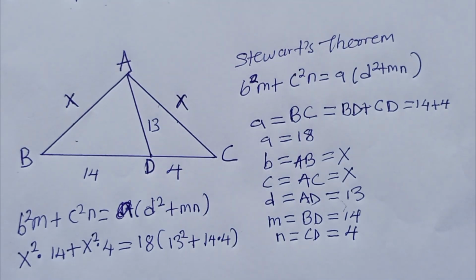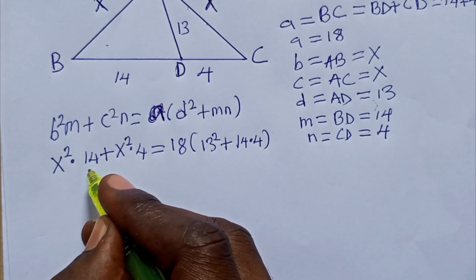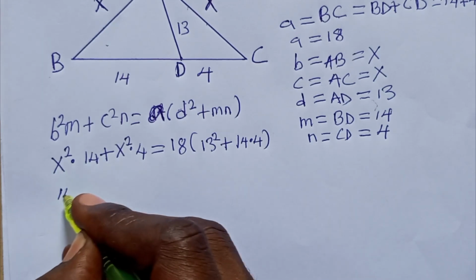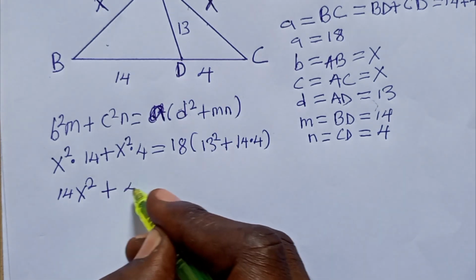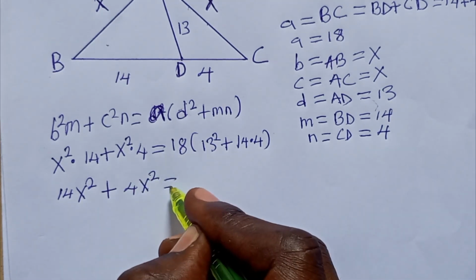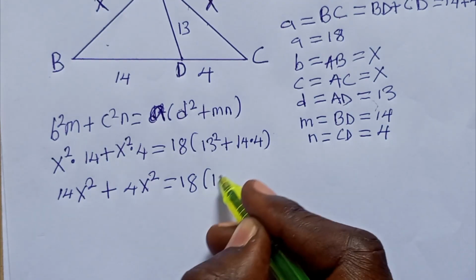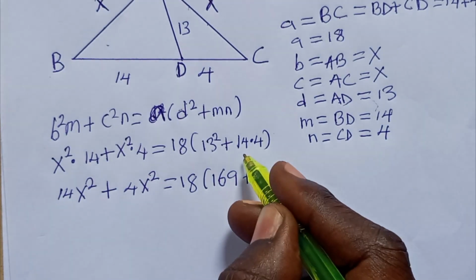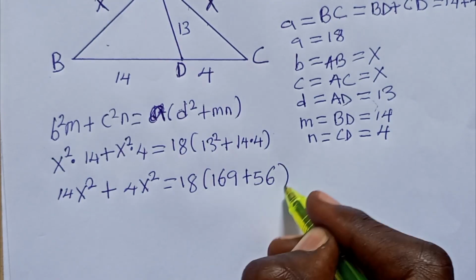So now we are simplifying. This times this is 14x squared, plus this times this is 4x squared, equals 18 into 13 squared, which is 169, plus 14 times 4, which gives us 56.